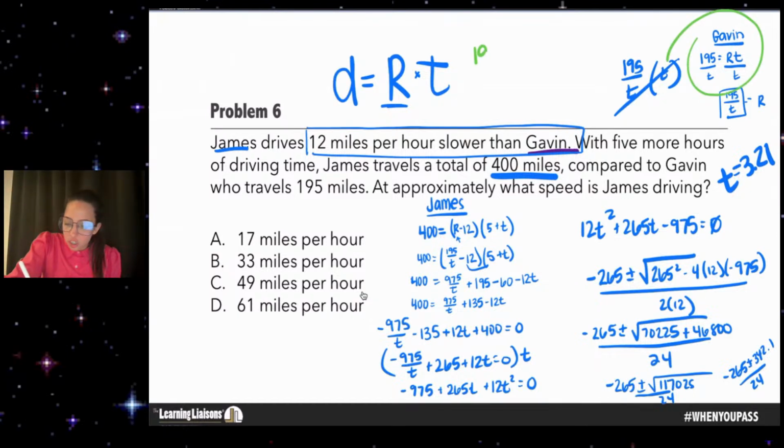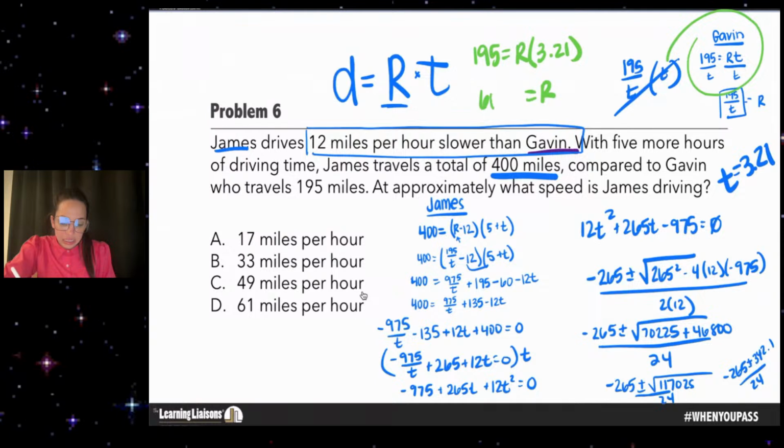So we have 195 equals rate times time. Divide both sides by 3.21. So Gavin's speed is 60.75, which means that James's speed is going to be that minus 12, which is approximately 49 miles per hour.